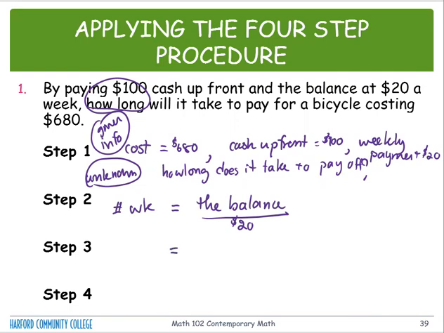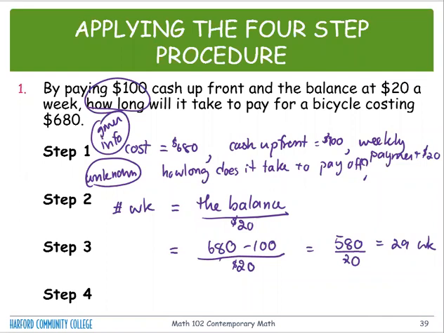To compute, which is step number 3, the cost of the bicycle is $680. Pay $100 cash upfront, so the balance would be 580, then divided by $20 per week. Now our calculation is 580 divided by 20, and that turns out to be 29, and the unit is weeks. That means it takes 29 weeks to pay off the bicycle.